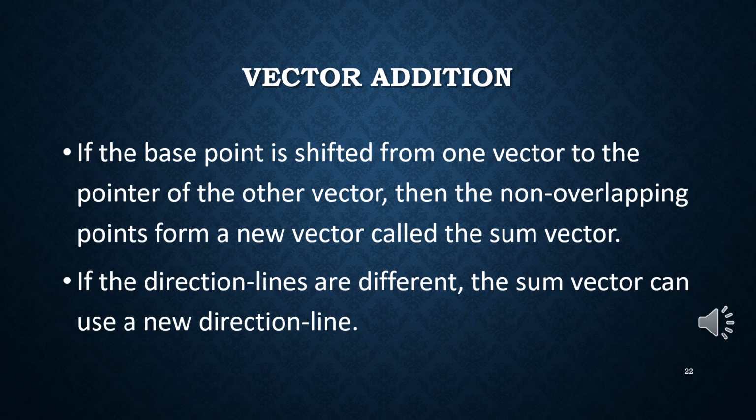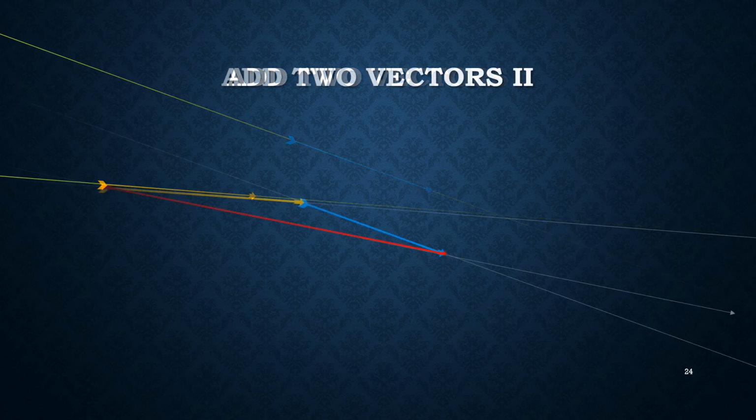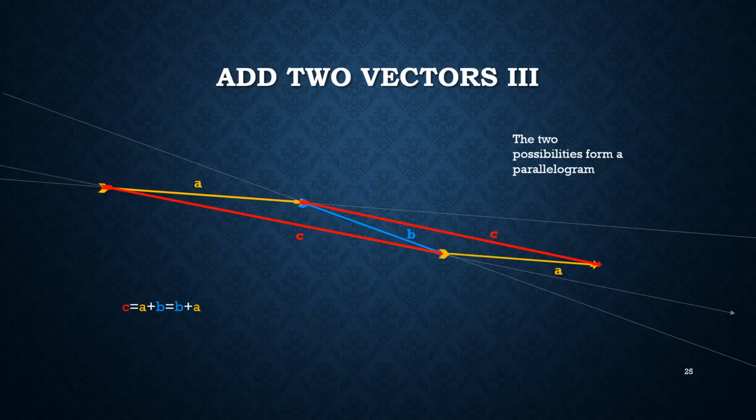If the direction lines are different, the sum vector can use a new direction line. The two possibilities form a parallelogram.